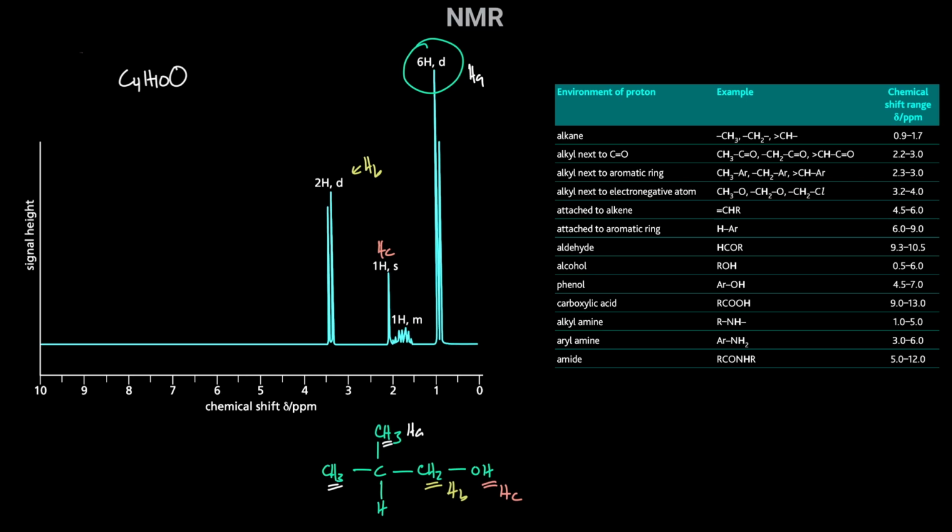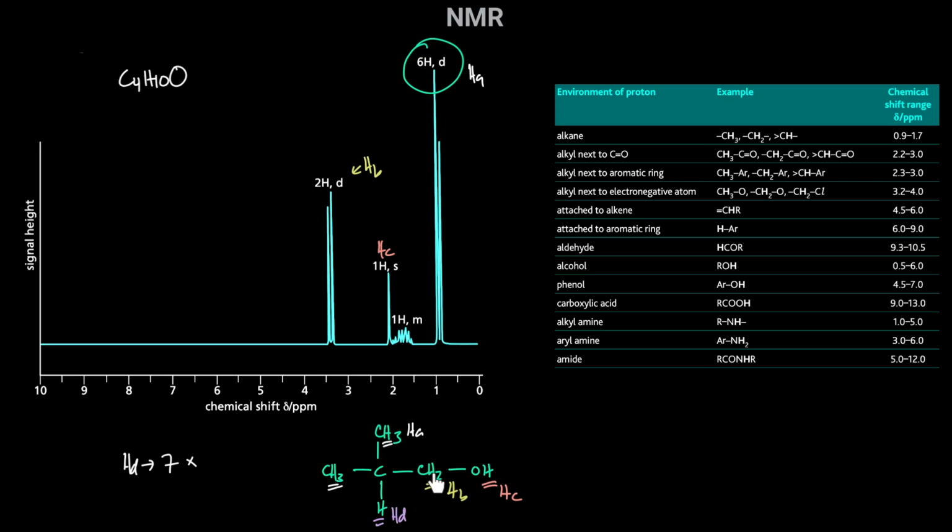And then lastly, we have HD. This over here is HD, and that is a multiplet. It's split into 7 by these 6 identical protons. If you look at this CH, it has 6 neighboring protons on these 2 carbons, so it's split into 7. 6 plus 1 would be 7.